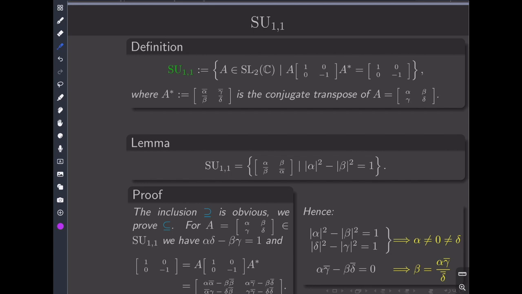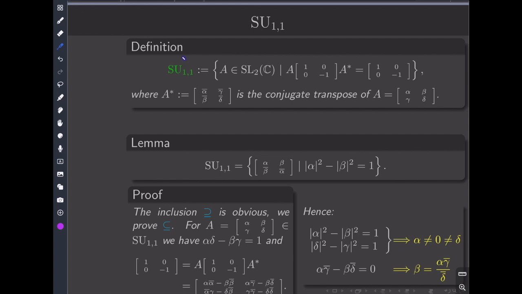The answer is going to be SU(1,1). PSU(1,1) and PSL2R are going to be conjugate in PGL2C. But I'm getting ahead of myself.